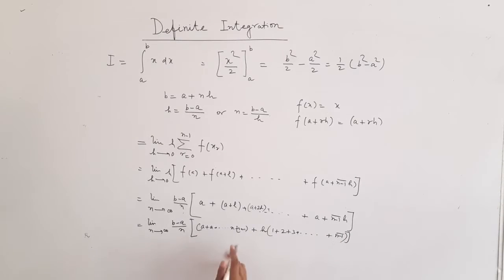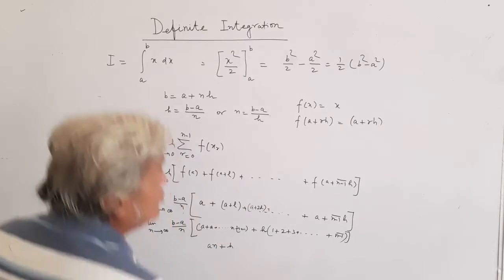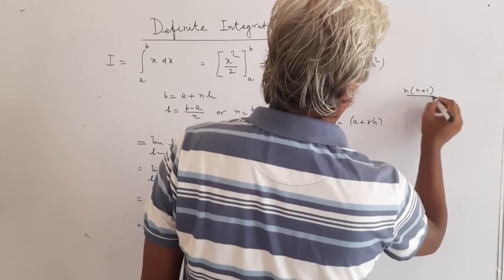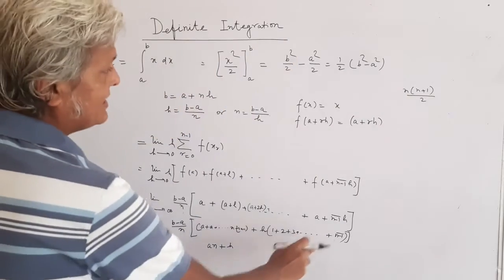Now the sum of a added n times is just na, plus h into the sum of the n minus 1 natural numbers. The sum of the n natural numbers goes like n into n plus 1 by 2. So this is the sum of the n minus 1 natural numbers.